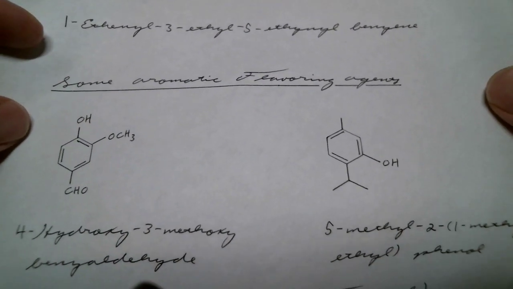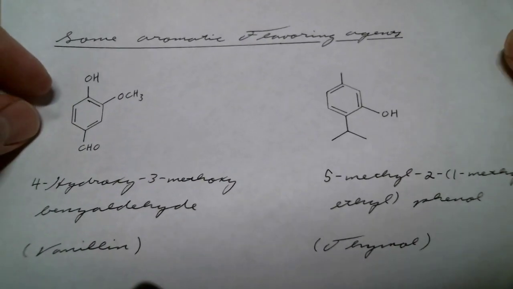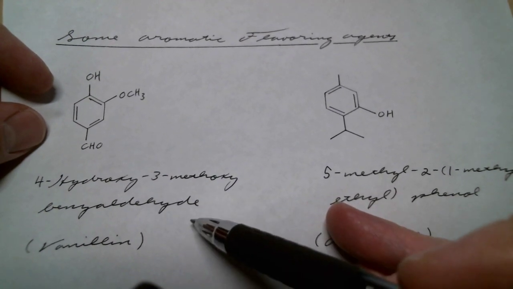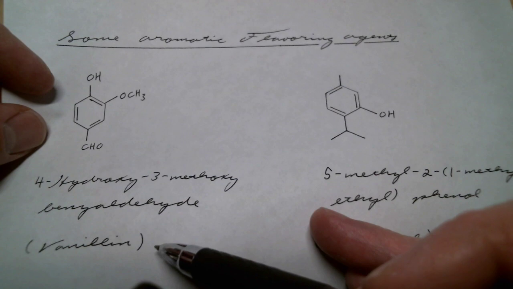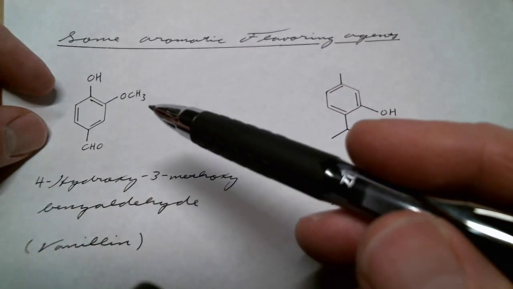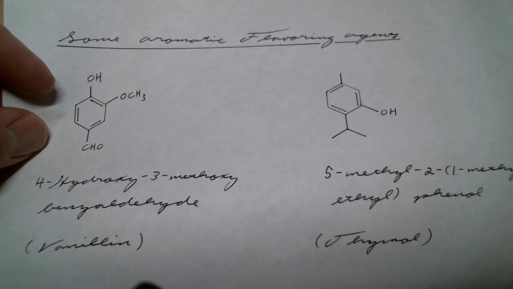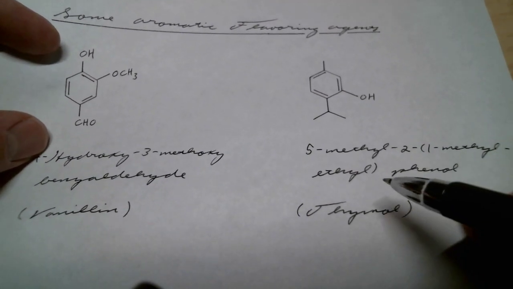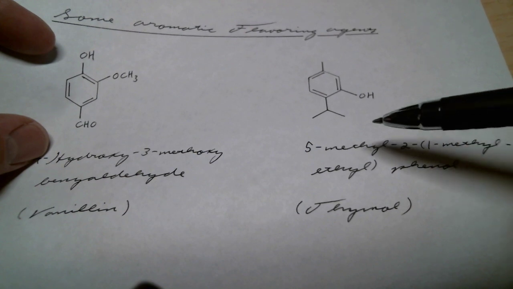How about some aromatic flavoring agents? I love flavoring agents. This guy is 4-hydroxy-3-methoxybenzaldehyde, otherwise known as vanillin. And it's something plants generate and incorporate into other interesting natural products that you might see later on.